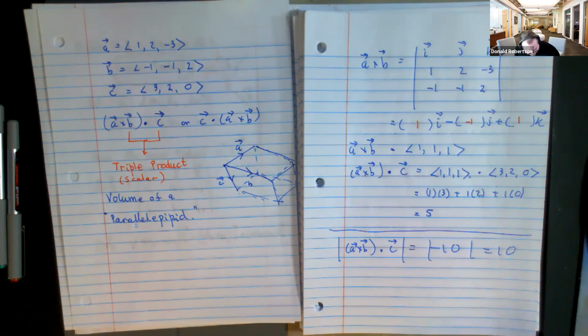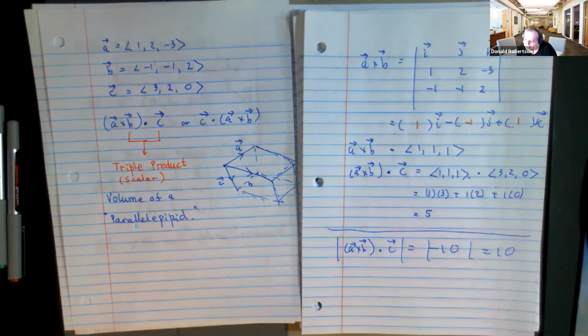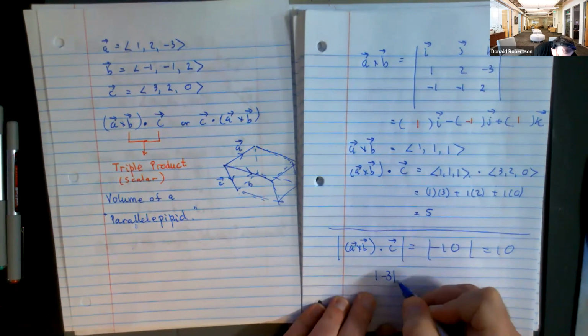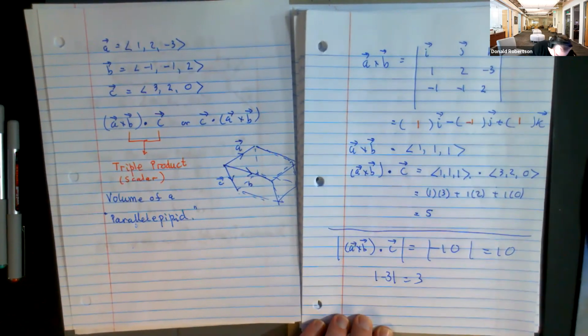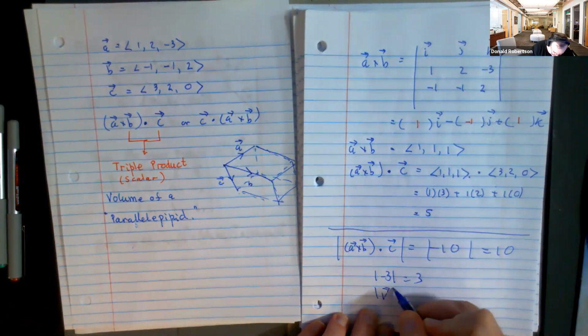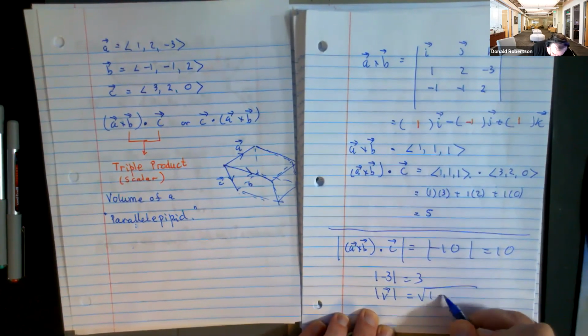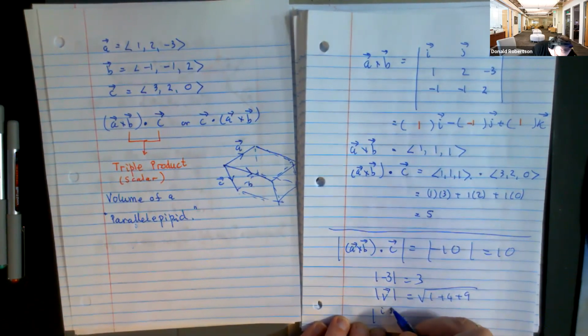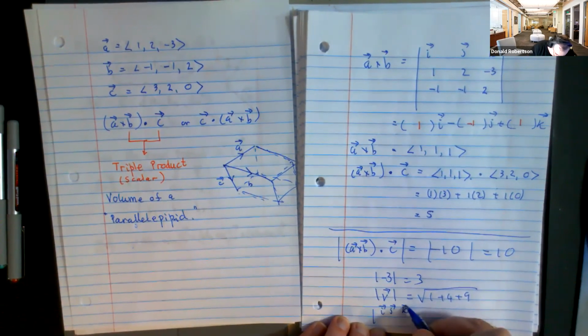Because we're using this absolute value. Actually, we're using it in 3 ways. You know, the 2 vertical lines? Here are the 3 ways: absolute value, magnitude of a vector, and determinant of a 3 by 3.